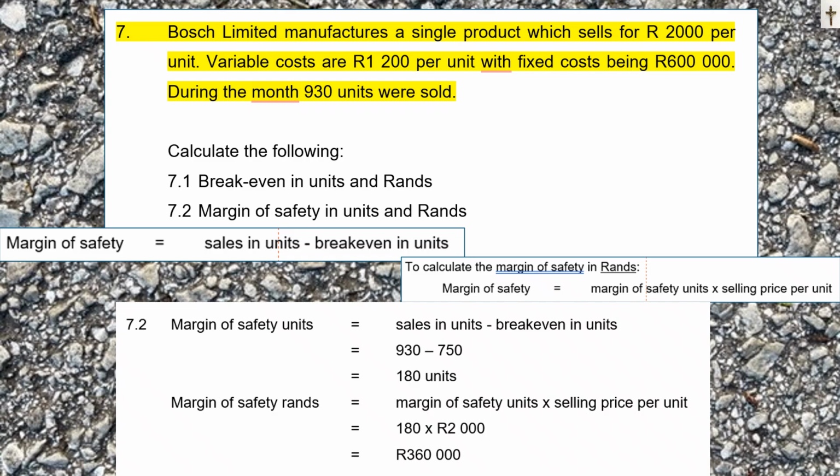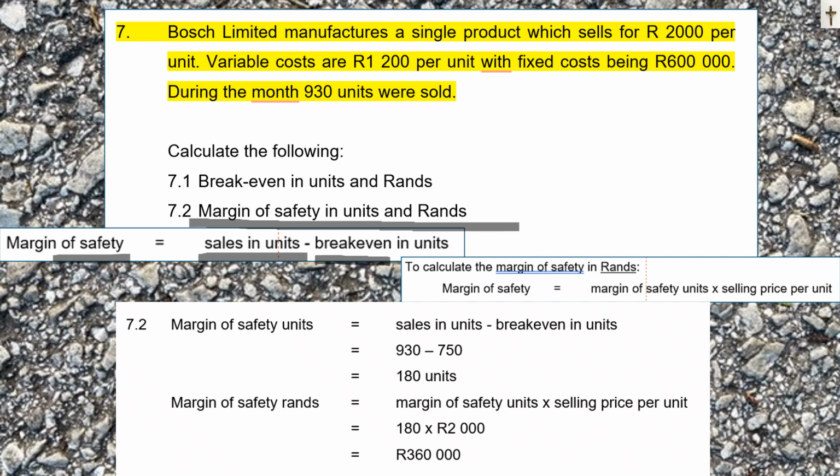The next calculation we're required to do is the margin of safety, once again in units and rands. And the margin of safety is the maximum sales in units minus the units at the break-even point.